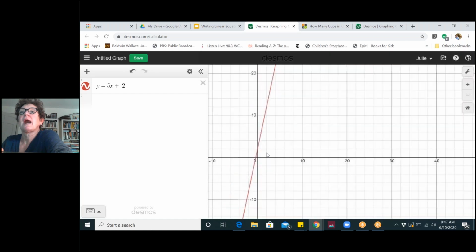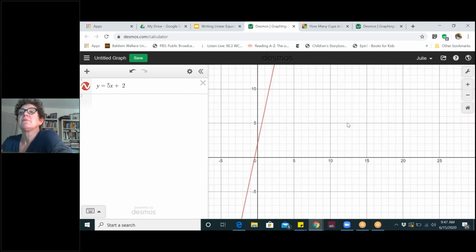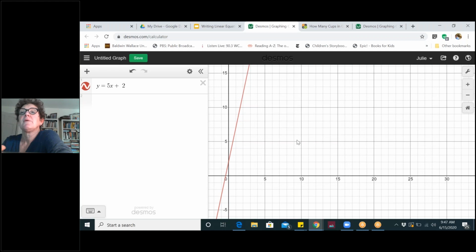Let's look at that line. Okay, look what happens if I make my slope negative. See how it goes from increasing to decreasing. I'm going to change that back.